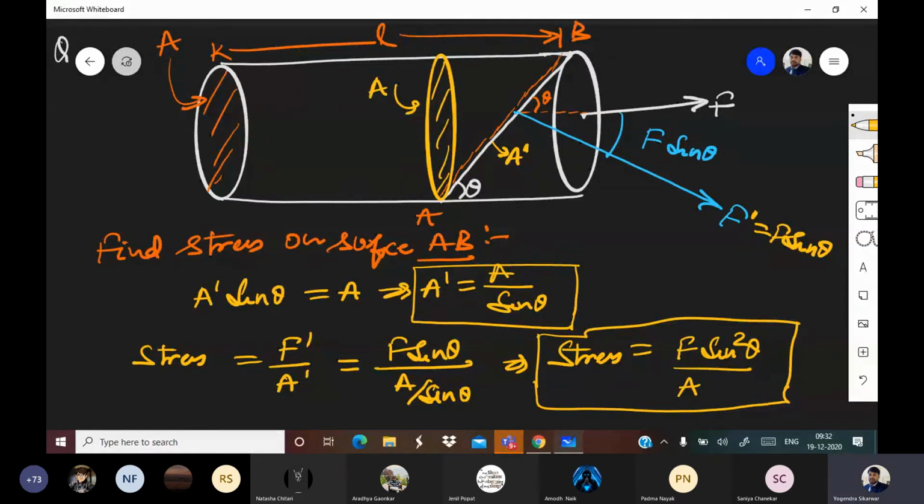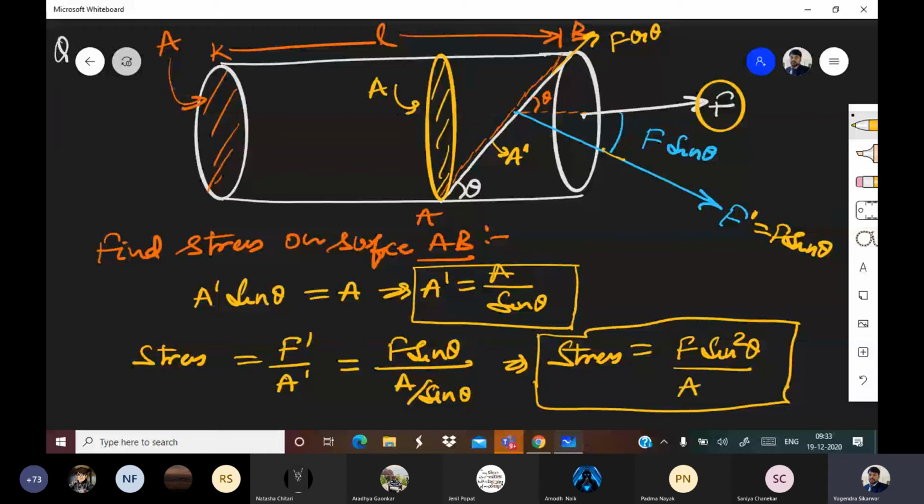Yash is saying, sir, I did not understand F sine theta. If this force is F, how much will be its component away from theta? If it is along theta, it can be F cos theta.